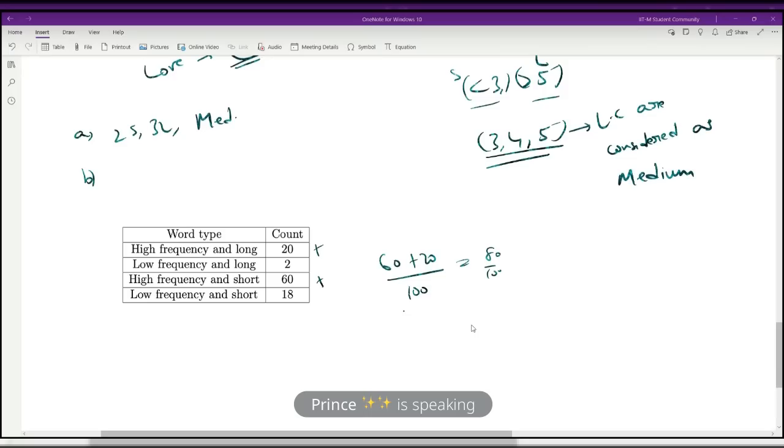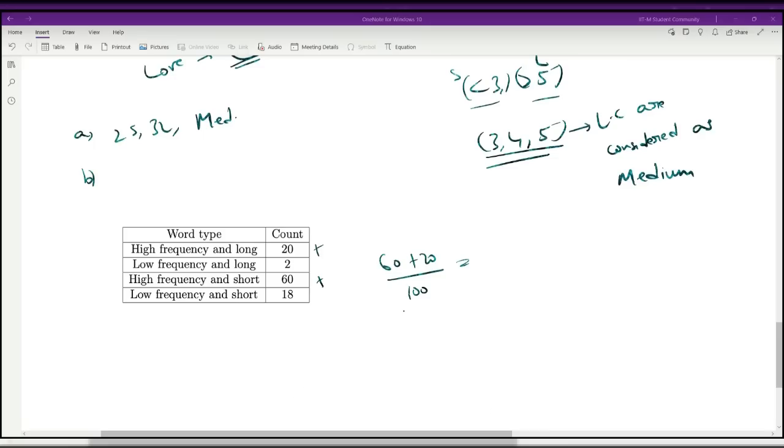Yeah. So the point is that here you are finding the percentage of total things, like out of the total word data set. But what did they ask us in the question? They asked this percentage of high frequency.